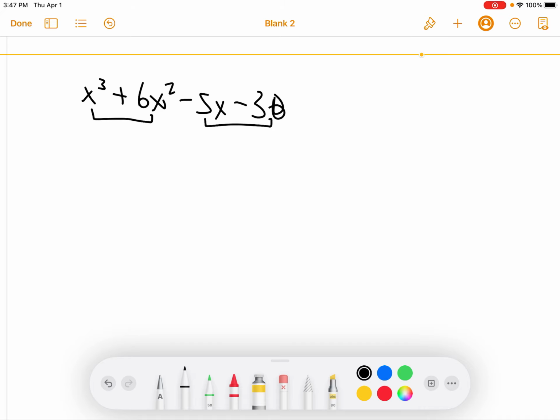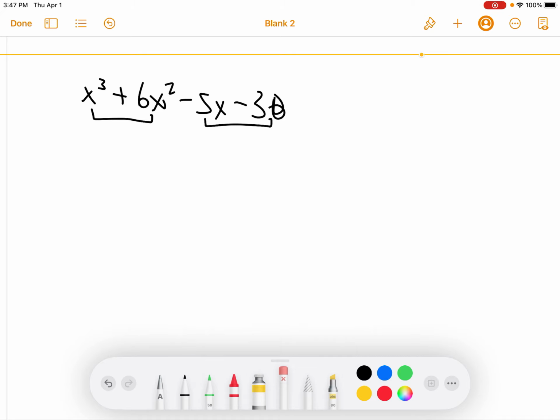So you have to group them. You're separating this. For these two terms, x cubed plus 6x squared, no number divides them, but you can divide by x squared because there's an x squared on both. And when you divide x cubed by x squared, you do the exponents, 3 minus 2 equals 1, and when there's 1, there's no exponent shown.